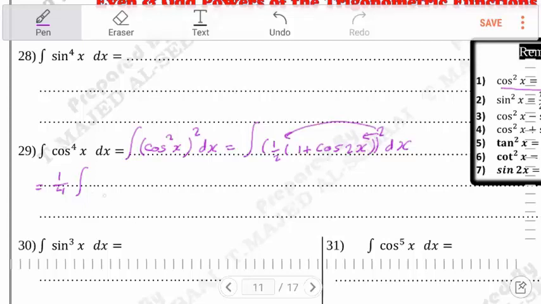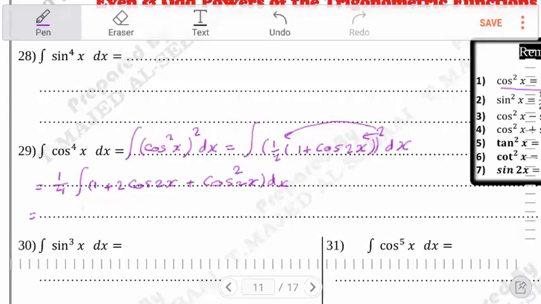It will be 1 plus 2 cosine 2x plus cosine squared 2x, right? dx.